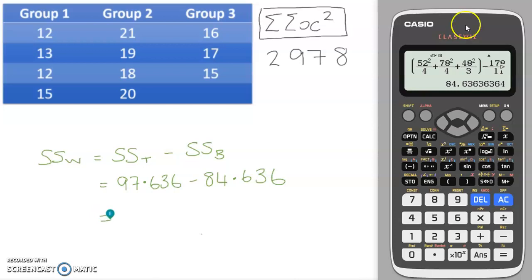And I can clearly see my decimals are going to cancel out here. So 97.636 take away 84.636, and that gives me my sums of squares within to be 13. And that's just a brief video showing you an example of how to find your sums of squares values for a one-way ANOVA table.